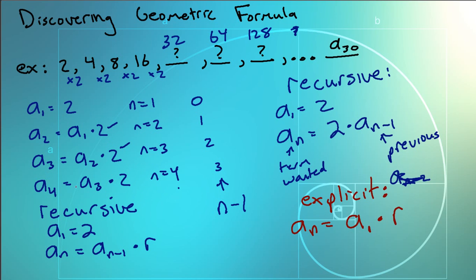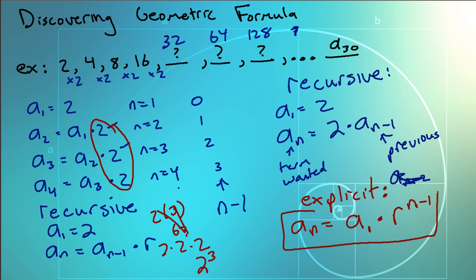By the time I get to this fourth term, that's 2 three times. Do I write that as 2 times 3? Well, that's 6. And is 2 times 6 16? No, 2 times 8 is 16. So 2 times 2 times 2 is 2 cubed. Yeah, 2 times 8 is 16. So r to the n minus 1. This is an exponent. And that gives us our explicit formula.